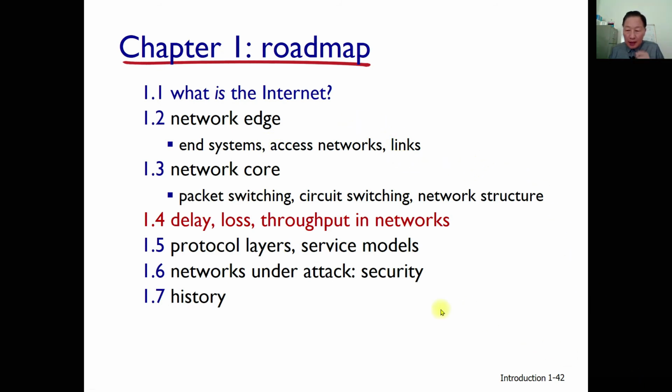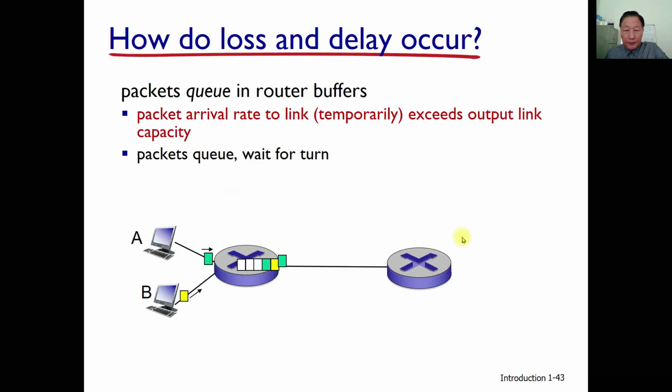This one is about the performance issue, that is about delay time and loss rate and throughput in networks. Let's think about this loss and delay. Why is that happening?